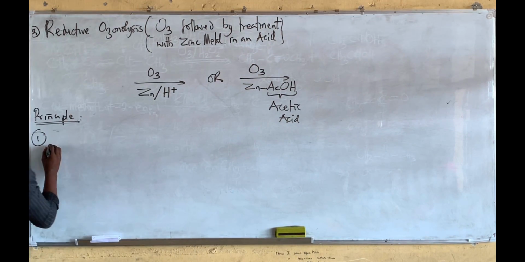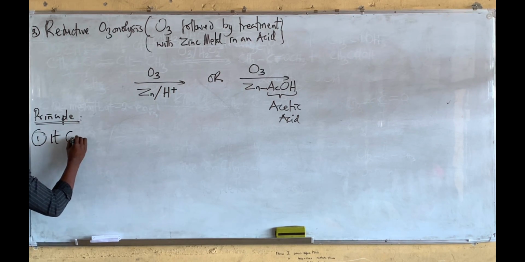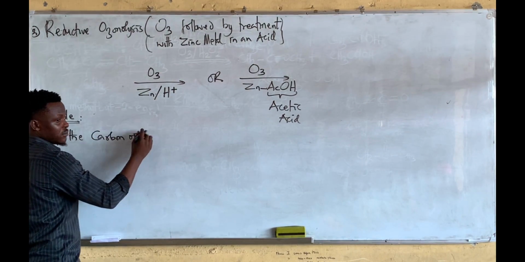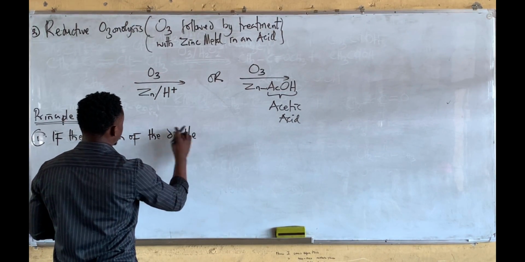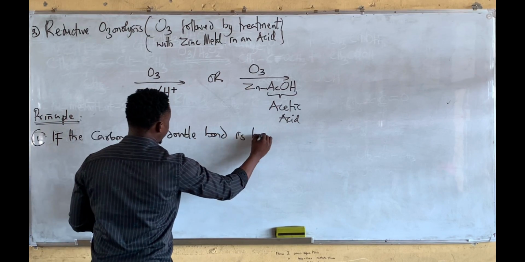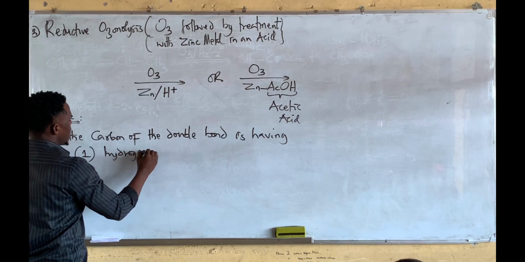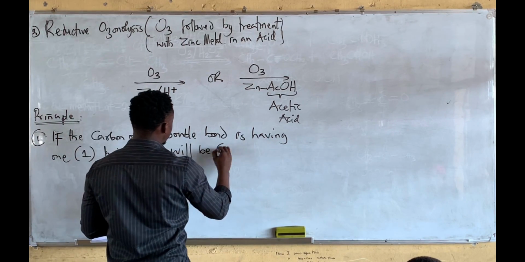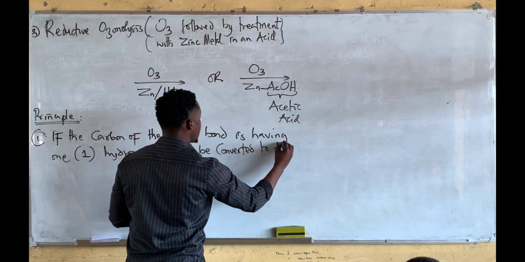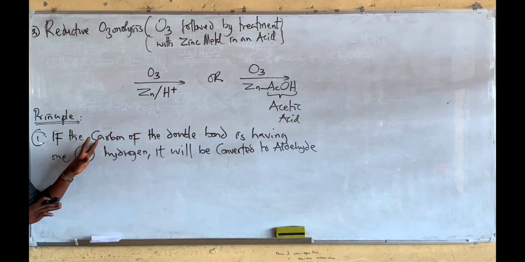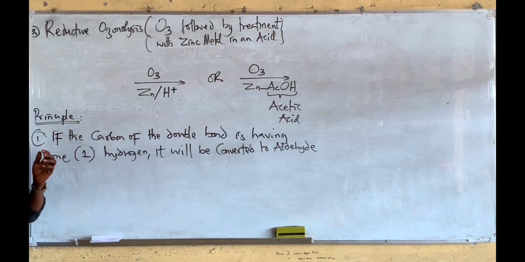Now, if the carbon of the double bond has one hydrogen, it will be converted to aldehyde. This is the major difference between this reagent and the previous reagent when it has one hydrogen.